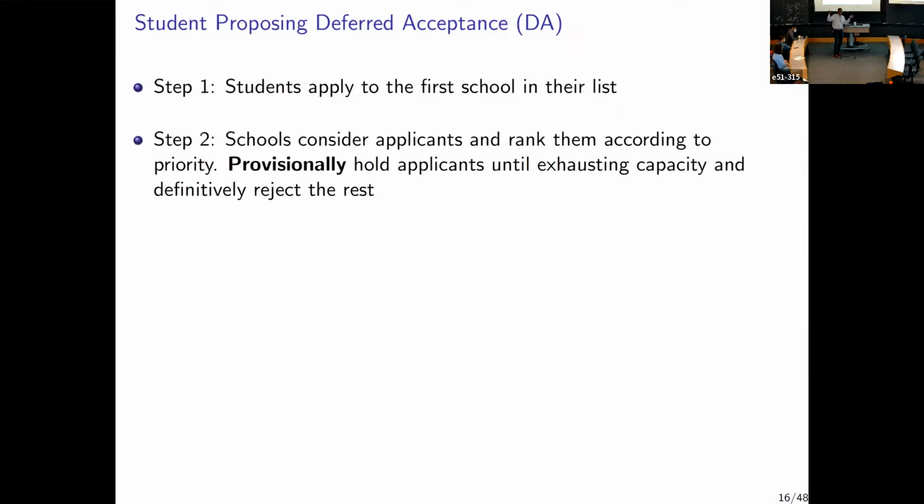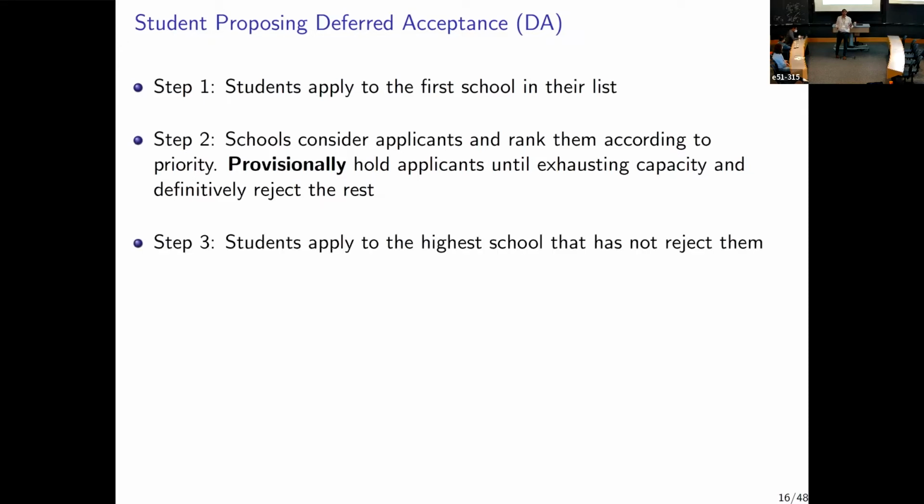Then the school considers all the applicants that ranked that school, and provisionally accepts applicants according to the priority until they exhaust the capacity and rejects the remaining students. Okay, the key word here is provisionally, because it's going to be deferred acceptance, right?